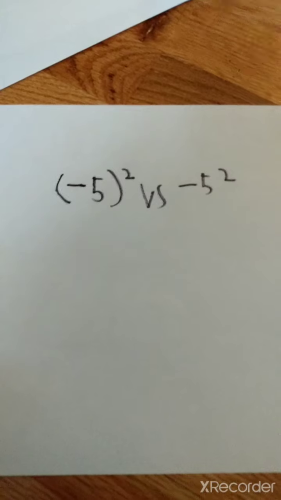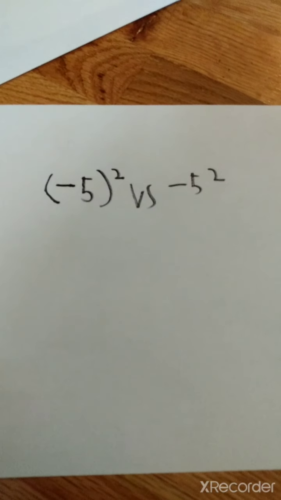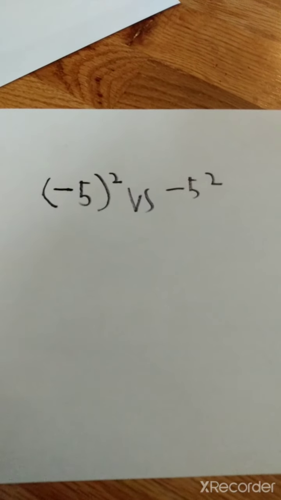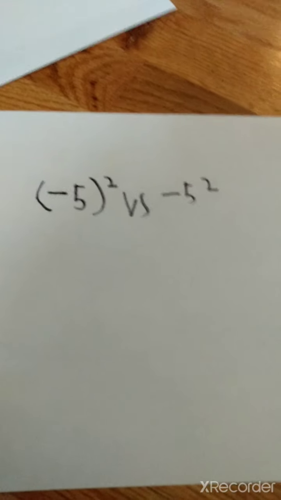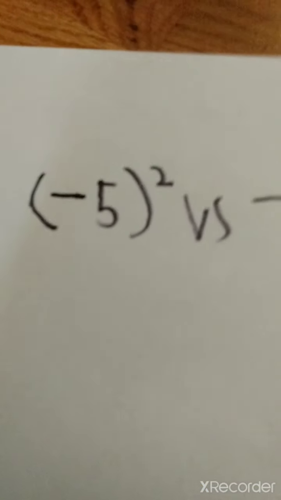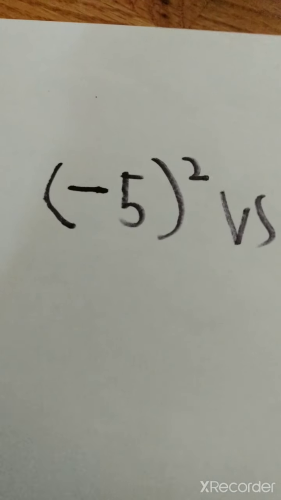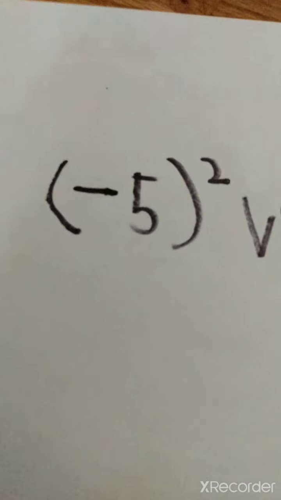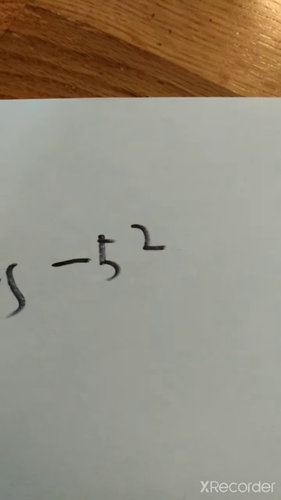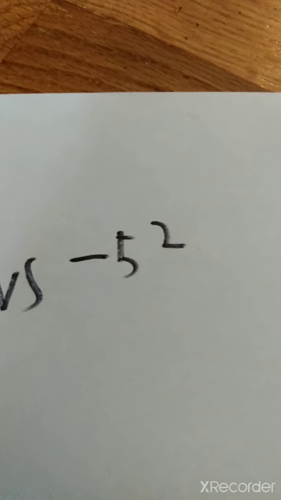Exponents not only work with positive numbers, but they also work with negative numbers too. So we have -5 and the exponent is 2, so we have -5 with parentheses versus -5 without parentheses, with an exponent of 2.